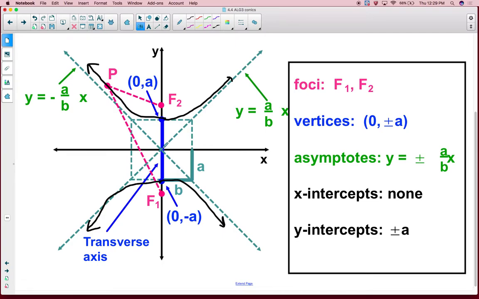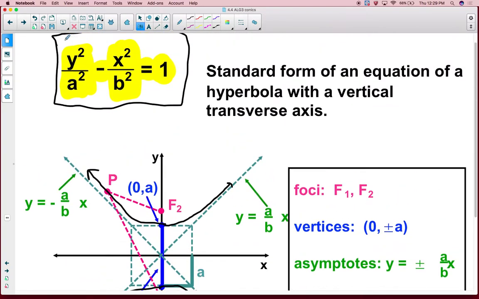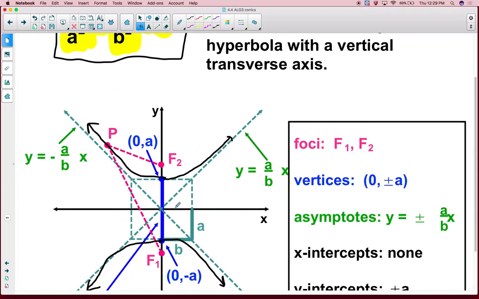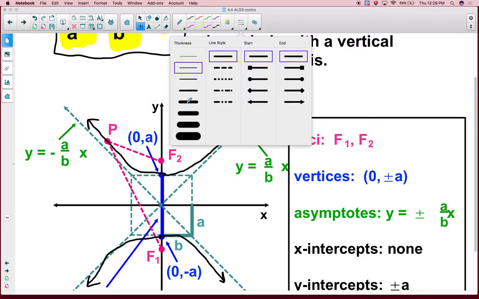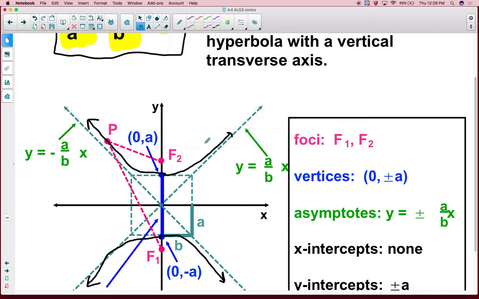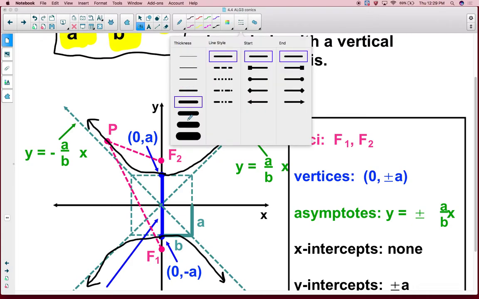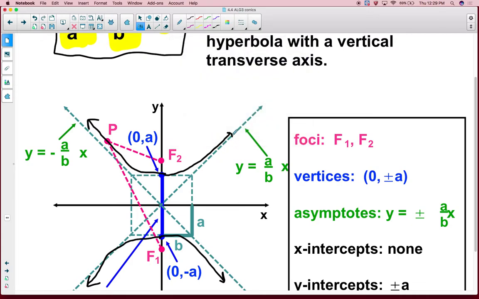Okay, so let's take a look at what we have. Notice your y squared is first and it is positive. If y squared is first, that means it's going in the y direction, meaning up and down. Your two branches are up and down. Just to highlight that, maybe I should make it a little bit bigger here. This is going to be going up and down, the two branches.